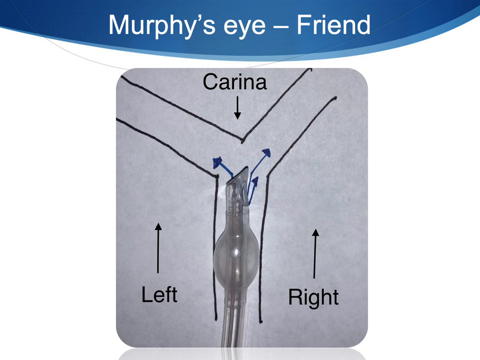The Murphy's eye is there, and it's also showing airflow to the right lung. And as you know, the Murphy's eye is there in case the tip becomes occluded. If the tip becomes occluded, then there will still be airflow going to your patient. So that's a safety measure. And in this case, the Murphy's eye is your friend. Shortly, we're going to see how your Murphy's eye could become your foe.